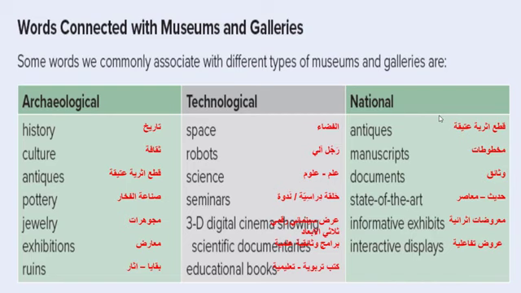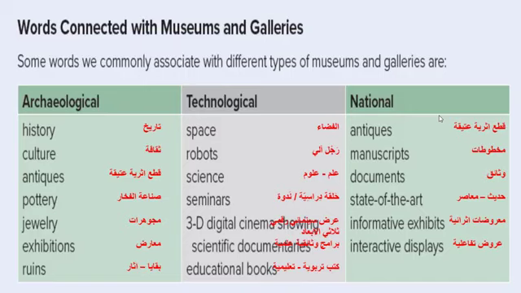Column 1, archaeological, 2, technological, national, and here, my dear students, we have their meanings to make it easy for you to remember and to recall. We have in the archaeological: history, culture, antiques, pottery, jewelry, exhibitions, ruins.